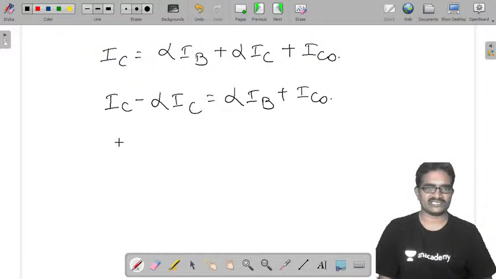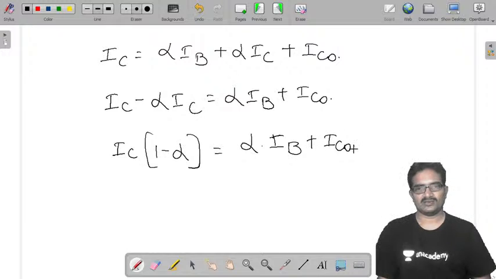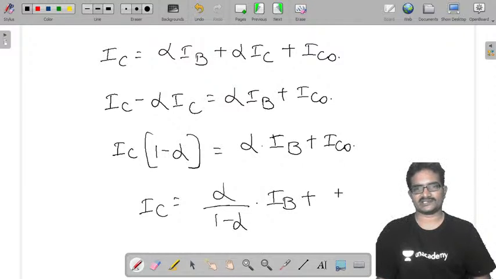Now, just take IC common from this. IC into 1 minus alpha equals alpha into IB plus IC naught. Therefore, we can write IC is alpha by 1 minus alpha into IB plus 1 by 1 minus alpha into IC naught.